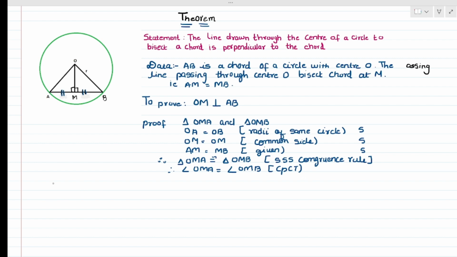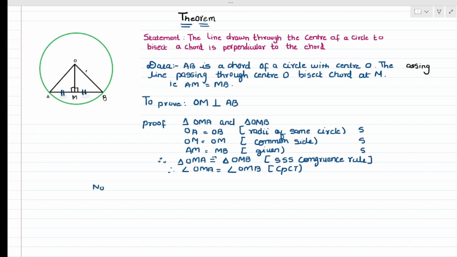As you can see, angles OMA and OMB form a linear pair, so their sum will be equal to 180 degrees.